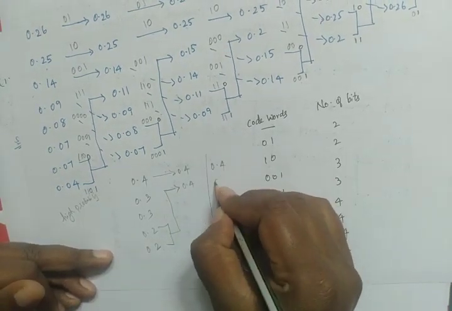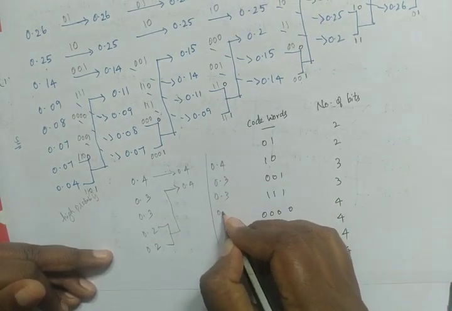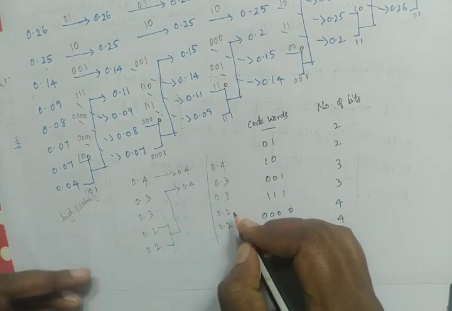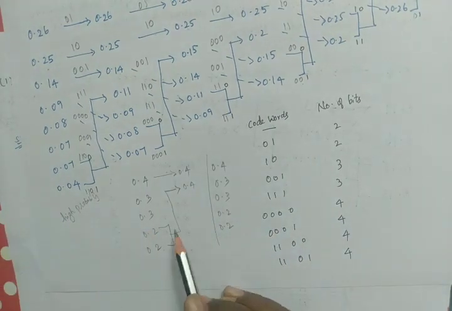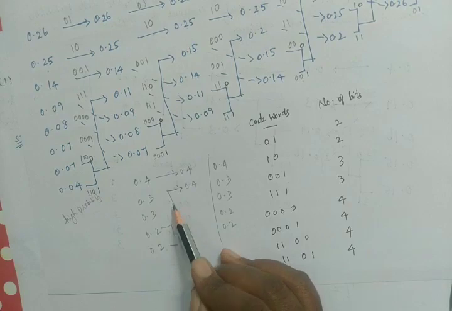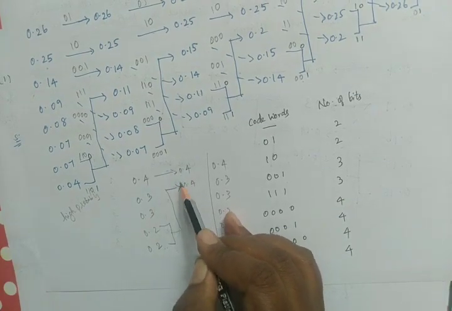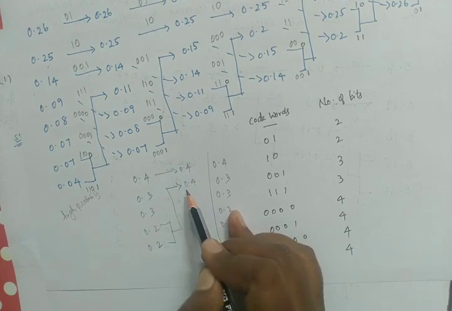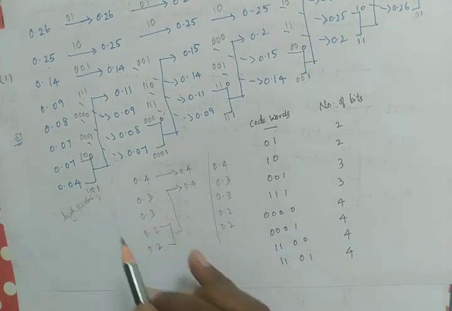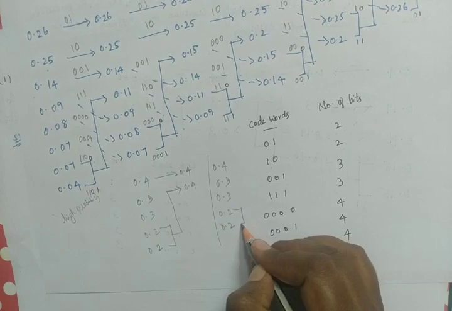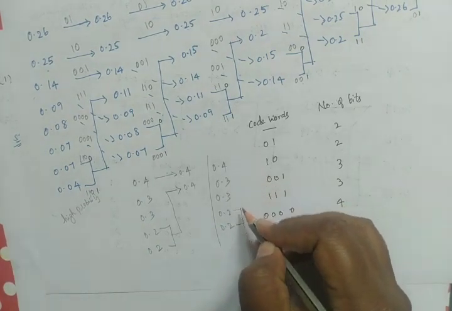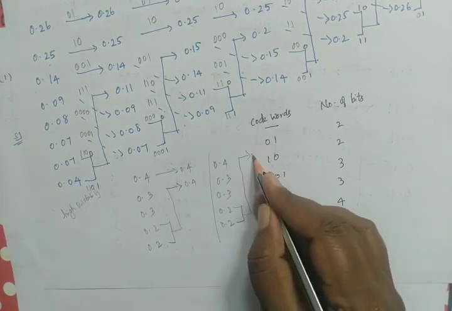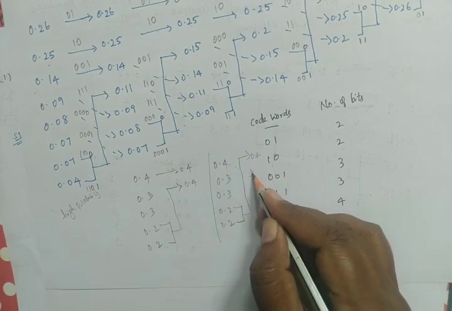For example, 0.4, 0.3, 0.3, 0.2, 0.2. If you have it like this, and the question doesn't mention anything, then you can write this 0.2 plus 0.2 as 0.4, because 0.4 already exists. So you can write it next to this. But if they mention high probability, what we have to do is, this 0.2 plus 0.2 will be 0.4. So you have to take this 0.4 as the first number, then take the other as the second number.